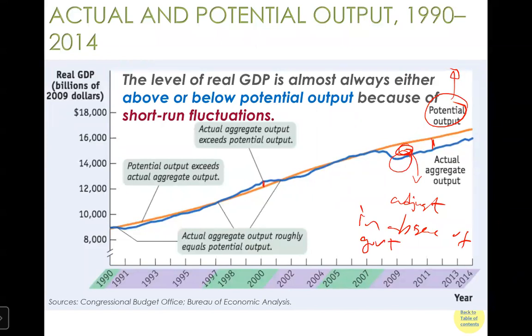But then from the discussion, you're going to see we have a reason to let the government intervene. But first we need to understand what would happen if the economy fluctuates, how the economy is going to respond, right?